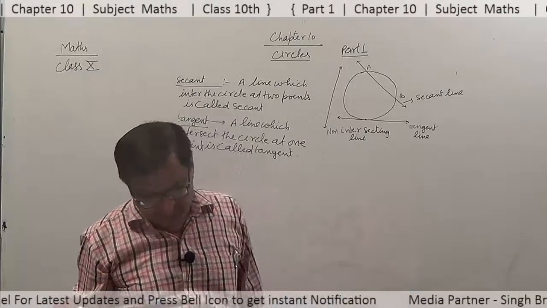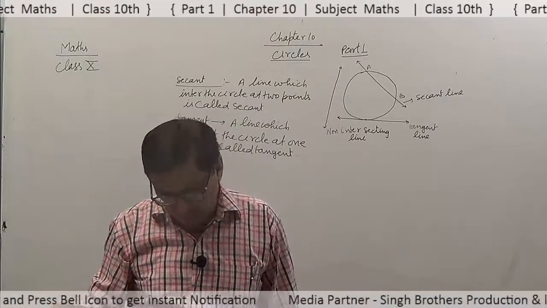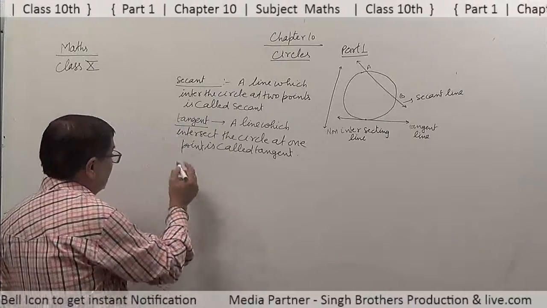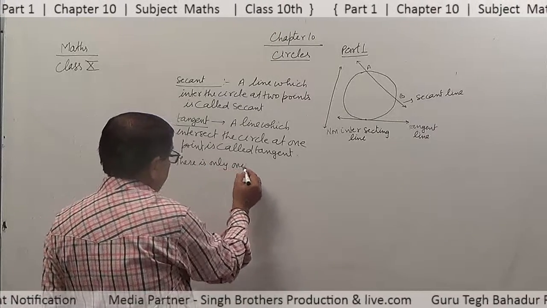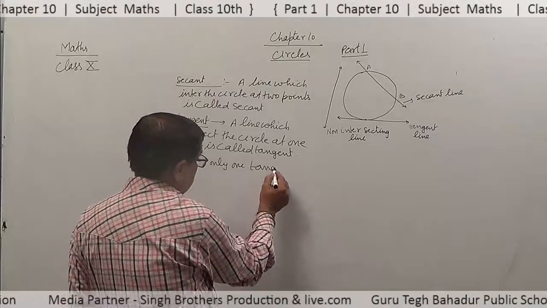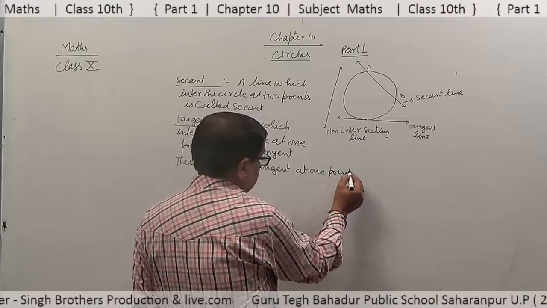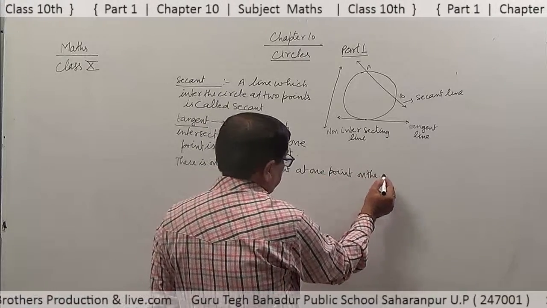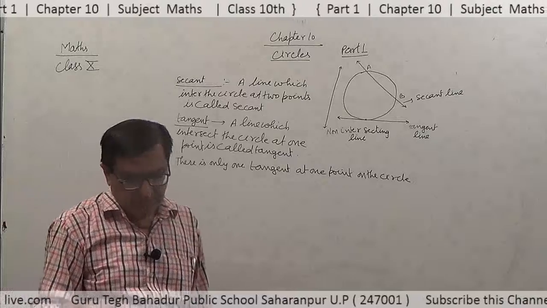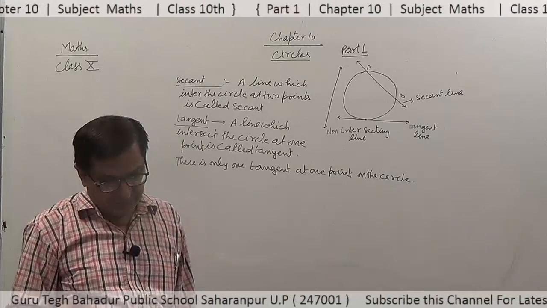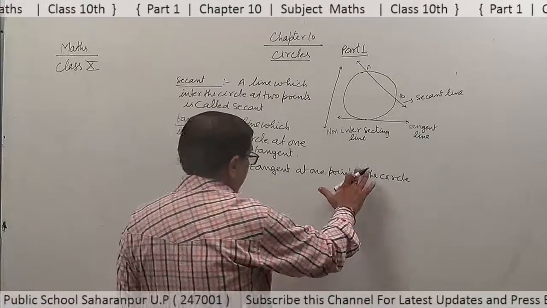Here you see the figure. There is only one tangent at a point on the circle.